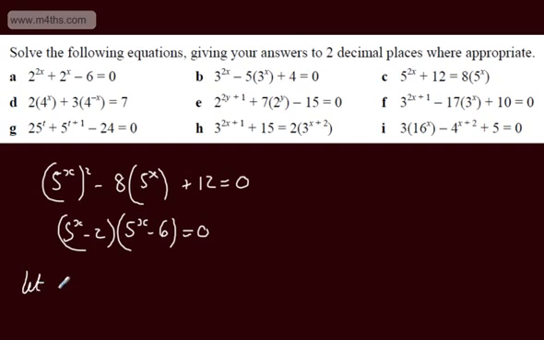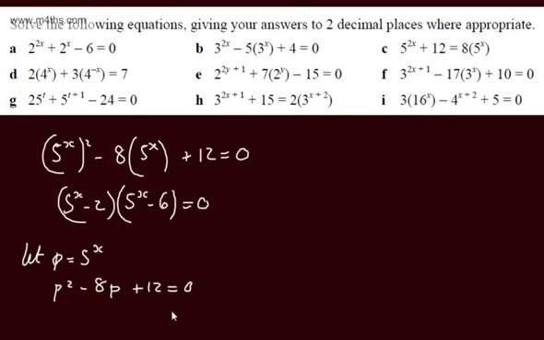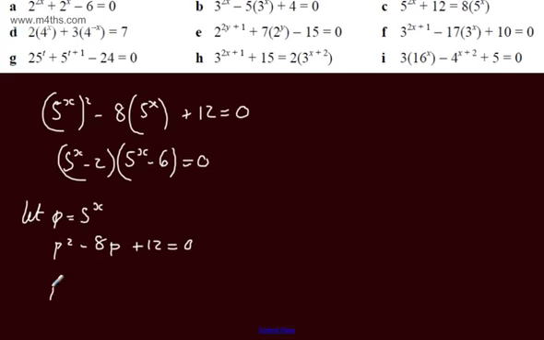Alternatively, you could now let p be equal to 5 to the x. So we'd have p squared minus 8p plus 12 is equal to 0. And we could write this now as p minus 6 multiplied by p minus 2 is equal to 0. So at this stage, we can say now that p would be equal to 6, p would be equal to 2.